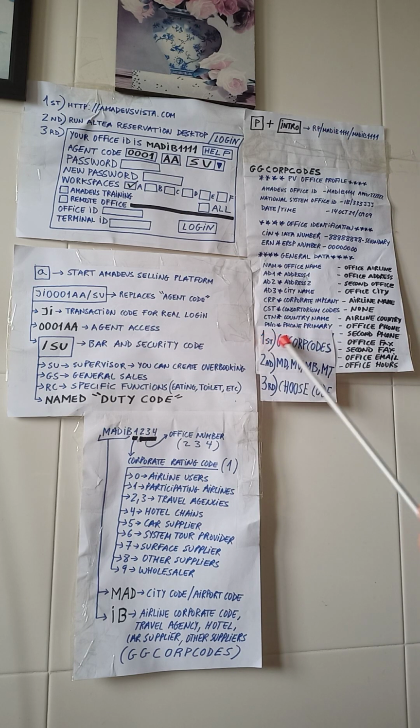So, first you type GG Core Codes, intro. Second, you move down and up in the list, the big list. Third, when you find the code, you choose it and enter intro. And in front of you, you will find this screenshot, okay? Because this paper is a screenshot.